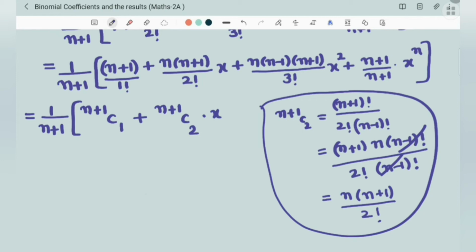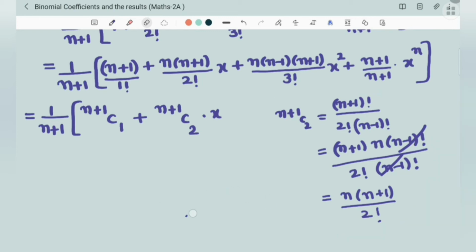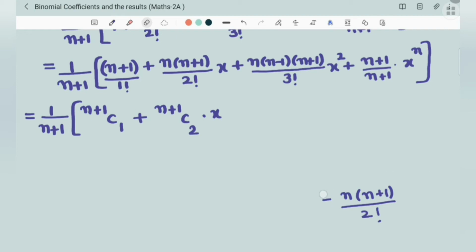Similarly, in place of n into n minus 1 into n plus 1 by 3 factorial, it can be written as n plus 1 c3. Like this way we will write the rest of the terms. So I am rubbing this. I hope everyone understands. For understanding purpose, I explained the terms clearly.